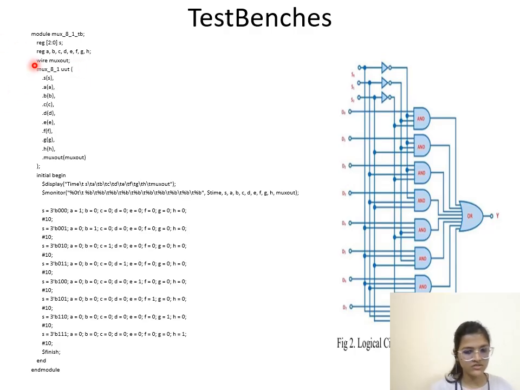Now this instantiates the module mux_8_1 in the test bench, in which S is connected to the S register in the test bench. Similarly, all the inputs are connected to the respective registers in the test bench, and the output is connected to its wire in the test bench.